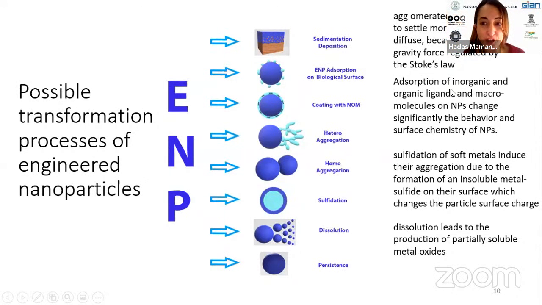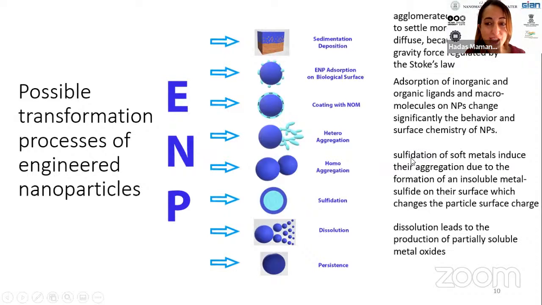Another important feature is the adsorption of inorganic and organic ligands and macromolecules on the nanoparticle, and that can significantly change the surface charge of these particles. We know that in natural water we do have all these dissolved constituents that can change the behavior of those nanoparticles.